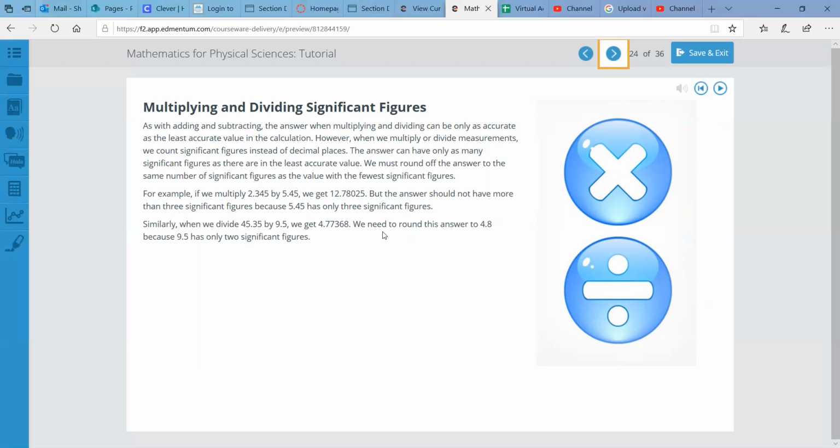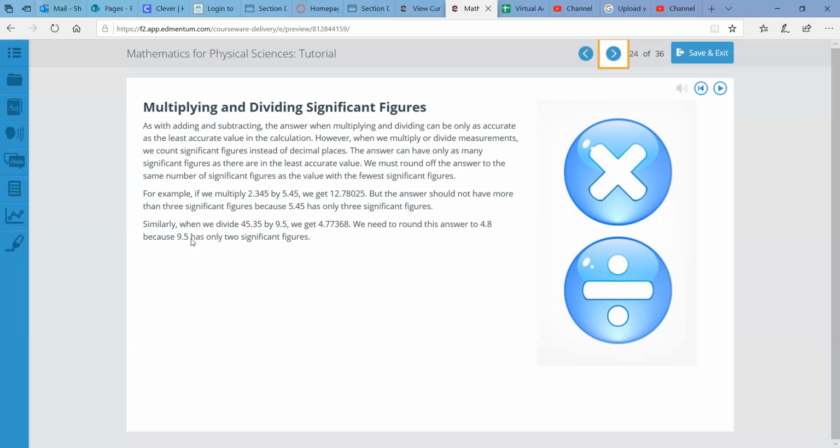If you're multiplying and dividing, you're paying attention to the significant figures. So if you're multiplying 2.345, which has 4 significant figures, by 5.45, which has 3 significant figures, you can only have an answer with 3 significant figures. So it would be 12.8.